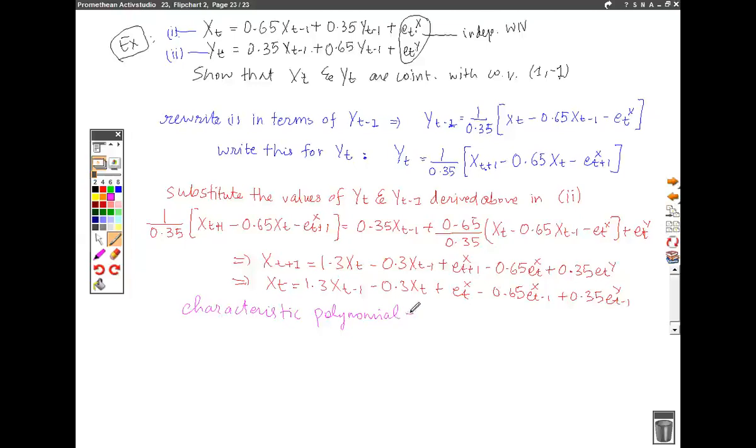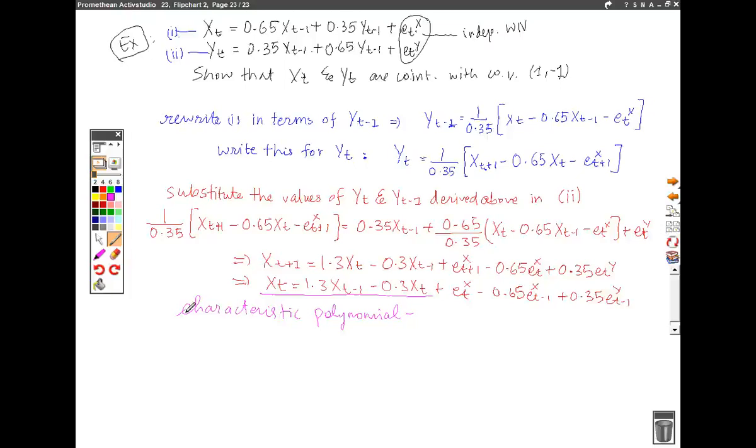Anyone? What will be my characteristic polynomial here? So I'll only have to take into consideration these variables, right? What do you guys think will be my characteristic equation here?